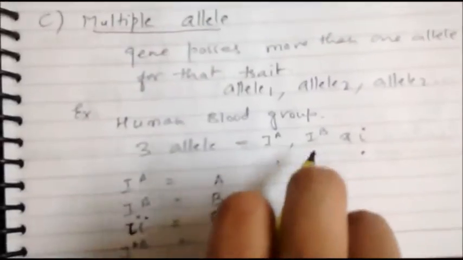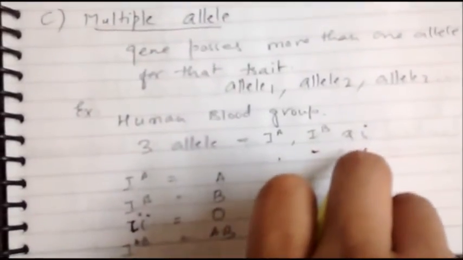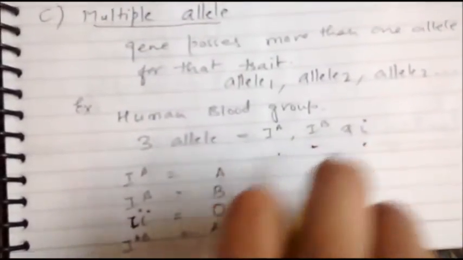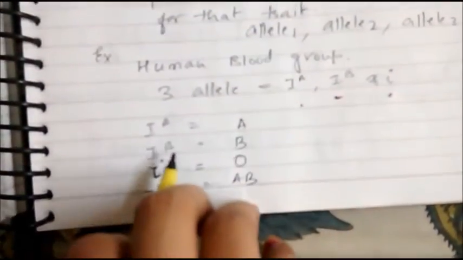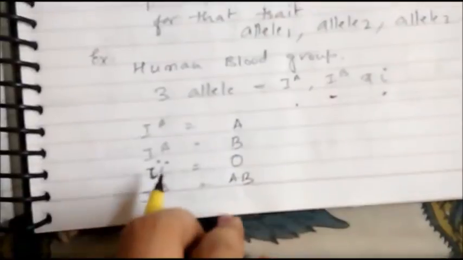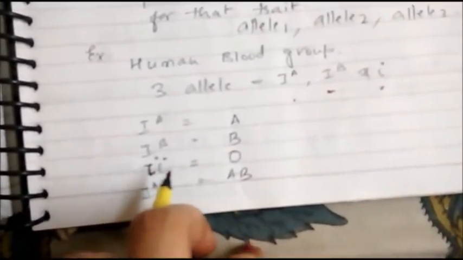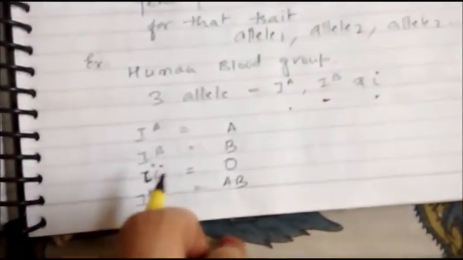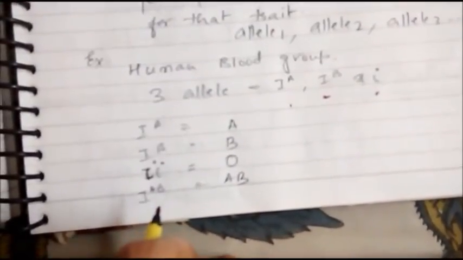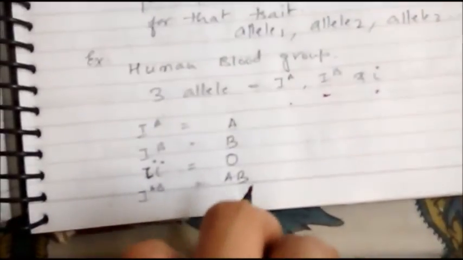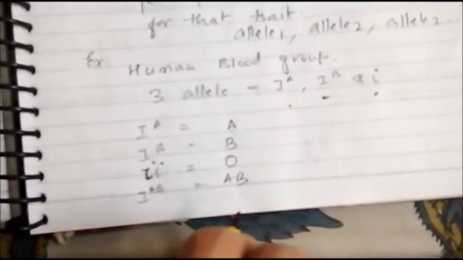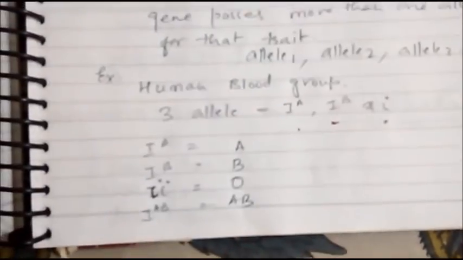IA and IB are dominant ones and small i is recessive. So IA gives us A blood group, IB gives us B blood group. The small i, which is recessive, only in homozygous condition gives us O blood group, and IAIB gives us AB blood group, which I just now told in the codominance as well.